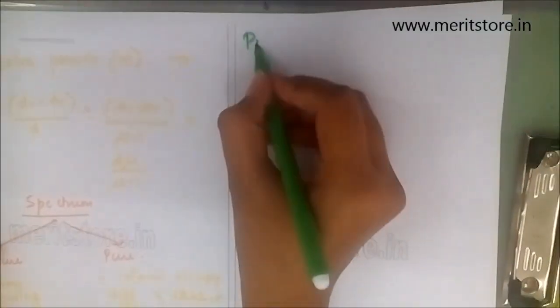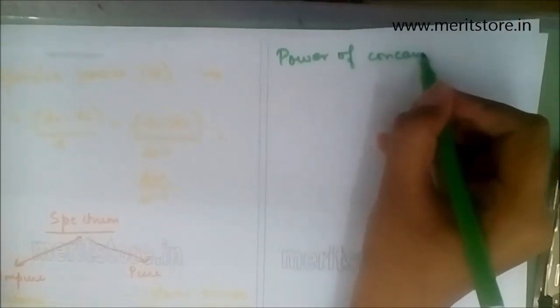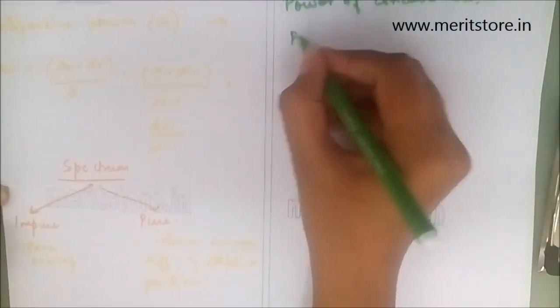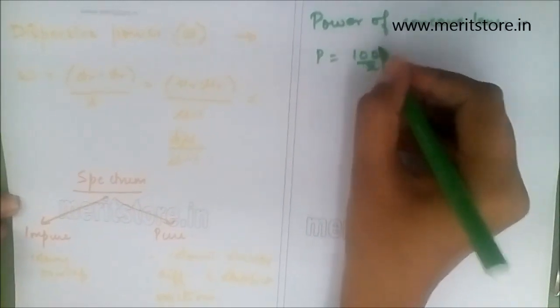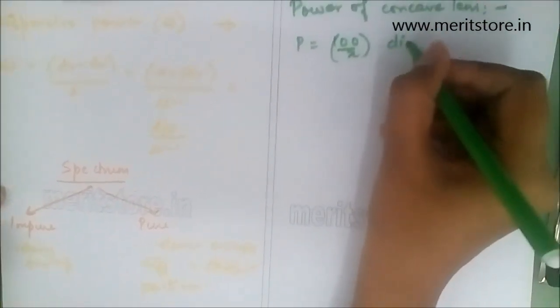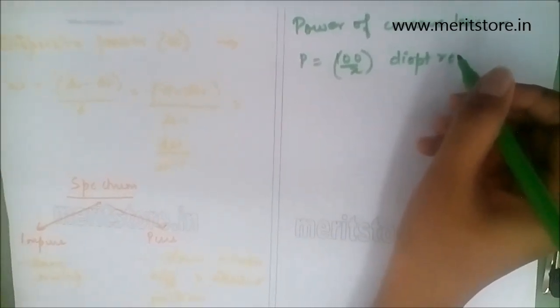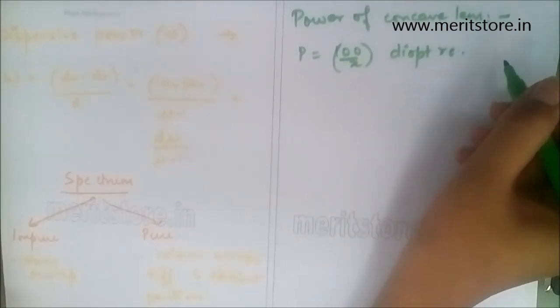Optical instruments. The power of a concave lens is given as... where x is the distance of the far point of the defective eye in centimeters.